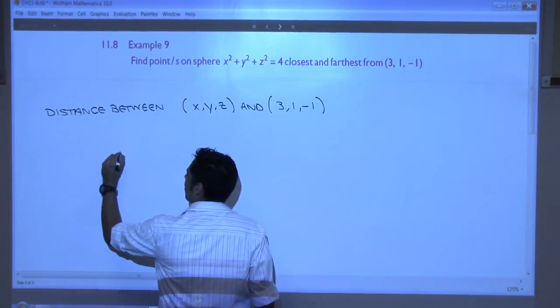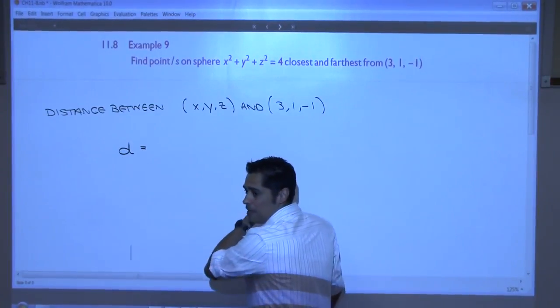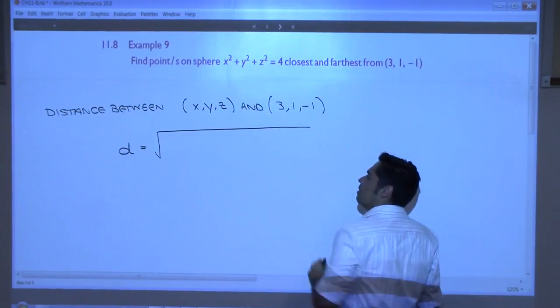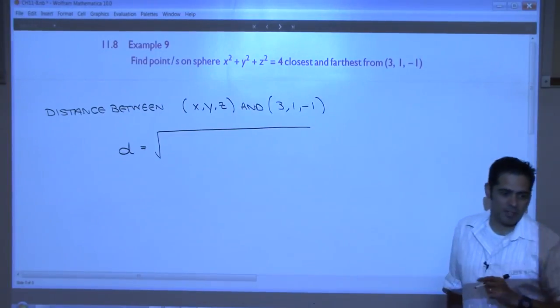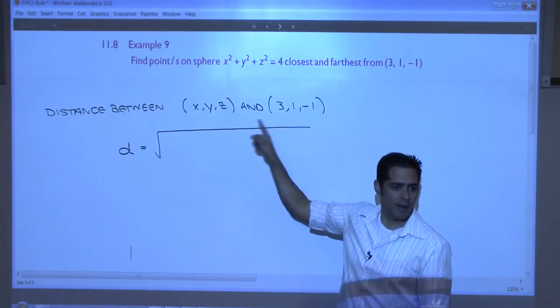So let's call it d for now. The distance should be equal to the square root of, because it's a length of the vector that connects these points together, right?